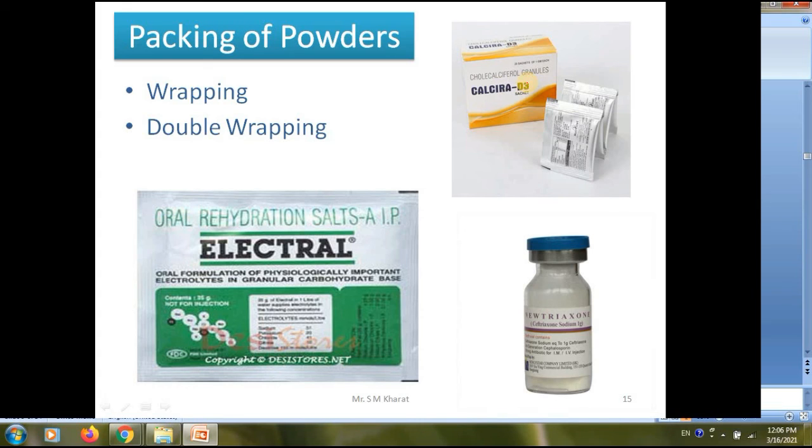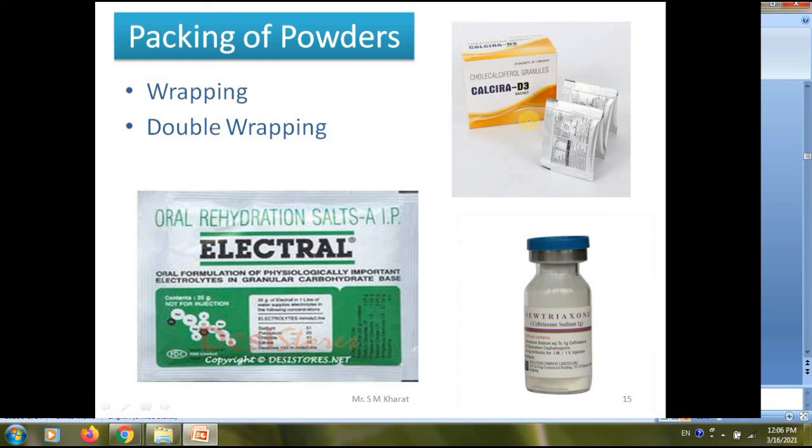So we are going to use wax paper as the primary packing material, or the first layer of wrapping, and over that we will use butter paper as a second wrapping. This is called double wrapping, used for deliquescent, hygroscopic ingredients and ingredients that are volatile in nature. So in this we have used double wrapping.